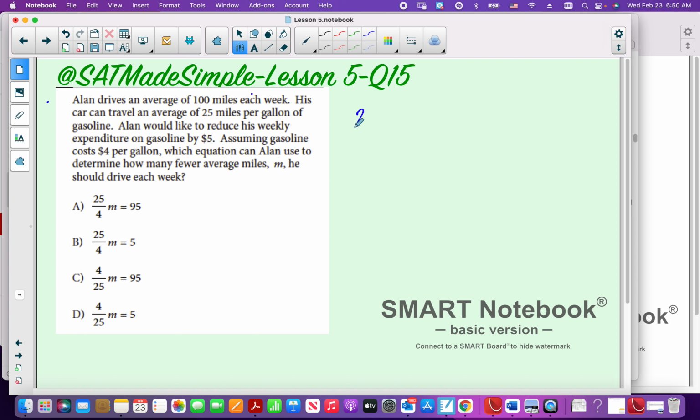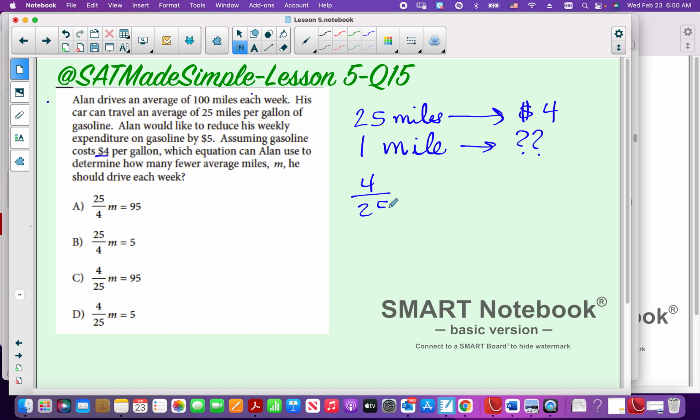So 25 miles, cost-wise, a gallon costs $4, so that will cost $4. To know how much 1 mile costs, cross multiplication: 1 mile costs 4 over 25 dollars.